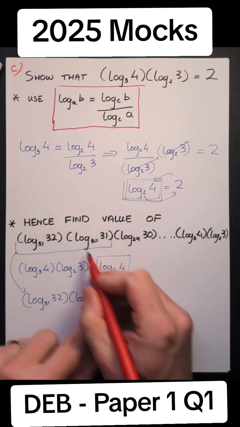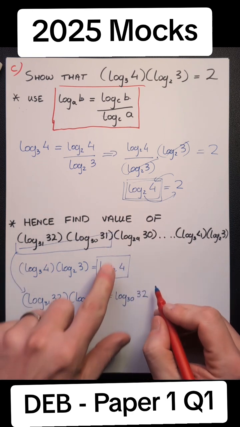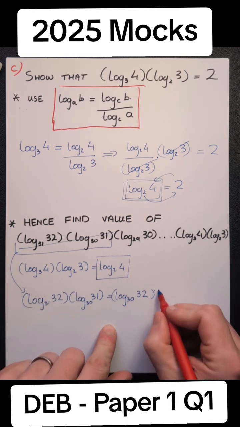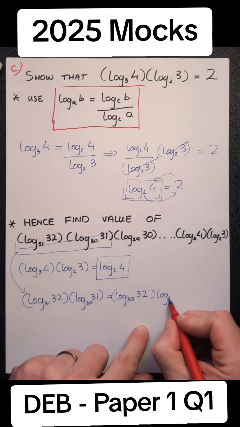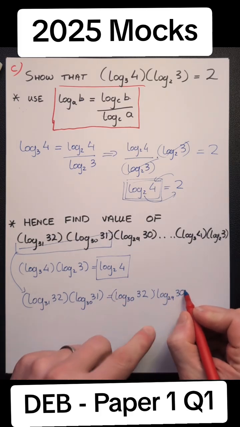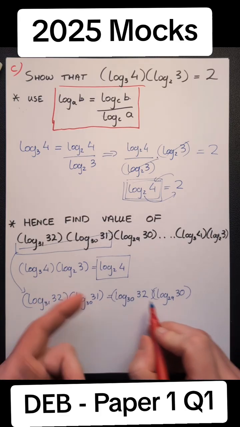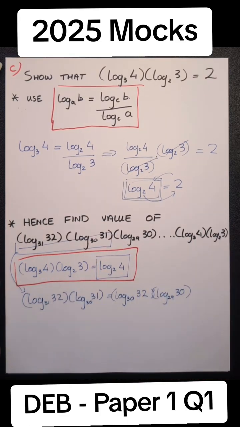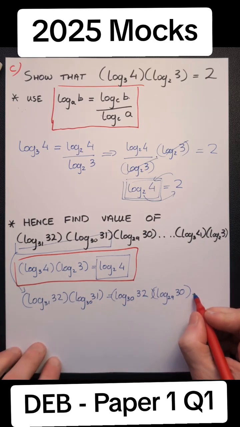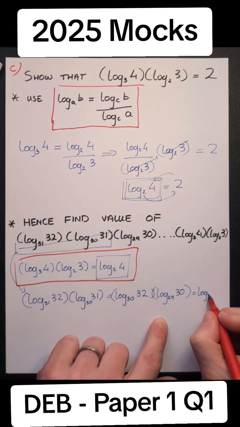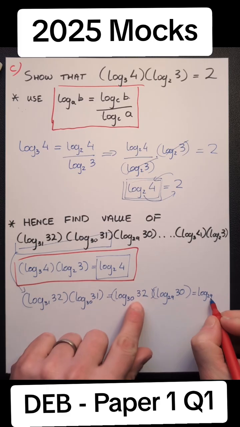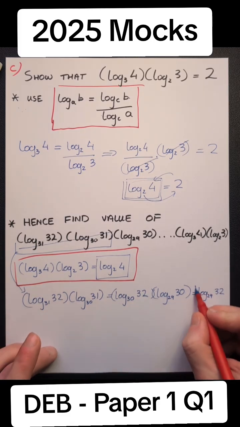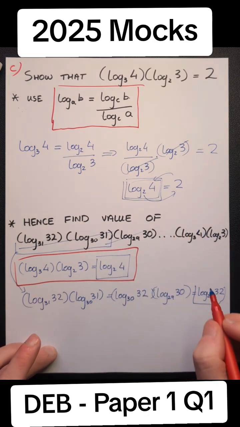Now we have these two things dealt with, and now we have to multiply the log base 30 of 32 by the log base 29 of 30. And we'd have to keep going for a long time. But let's look at this one with the same kind of identity we figured out in the first part. So now we can say this is equal to the log base 29 of 32, and now this cancels out this guy.